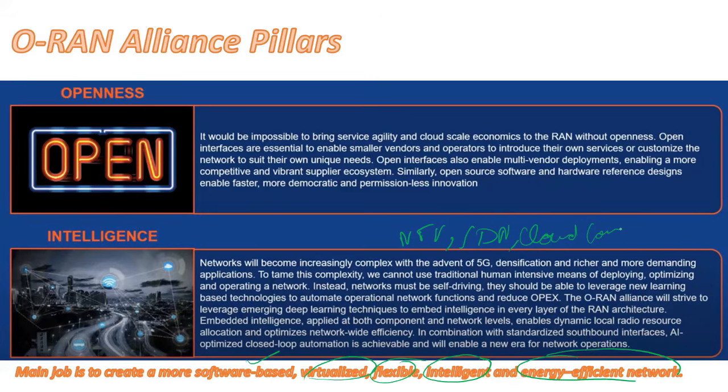Artificial intelligence and machine learning can then be applied to the information collected with the help of NFV, SDN, cloud computing, and so on. So openness and intelligence are the two main pillars of open RAN.